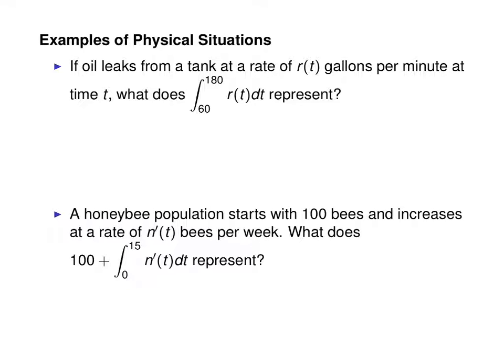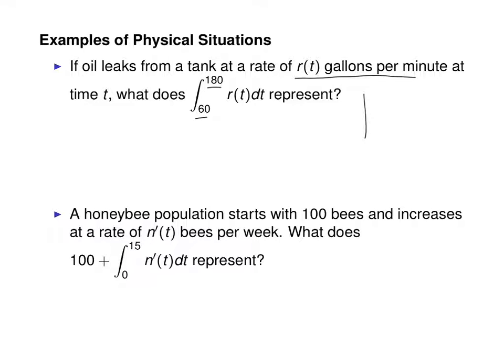All right, so if oil leaks from a tank at a rate of R of T gallons per minute, is it fair to assume that the rate at which it is leaking is probably positive? Yeah, okay. So then what does this integral represent?